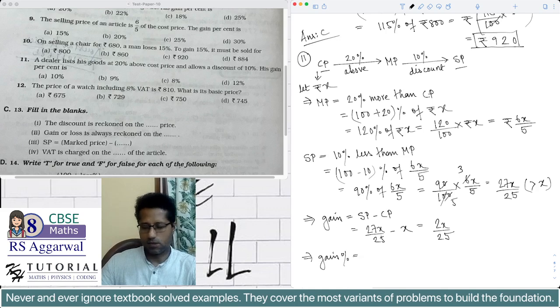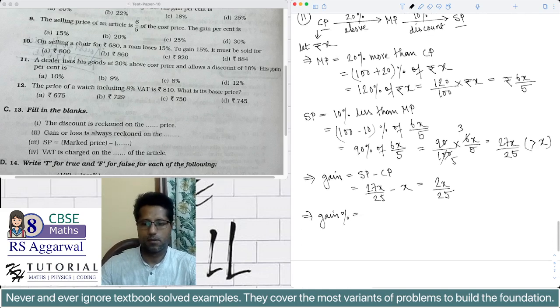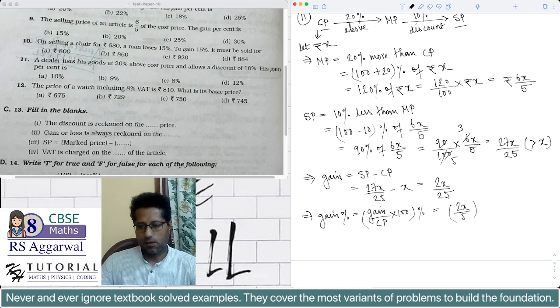Now gain percent is equal to gain by CP multiplied by 100, this much percentage. This is equal to gain is 2x by 5, CP is x, and we have multiplied by 100.